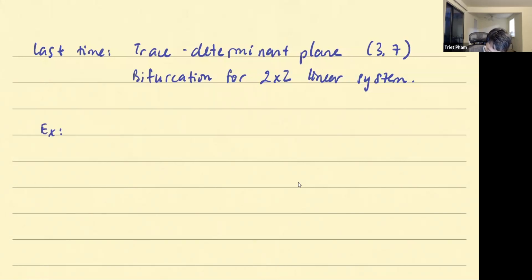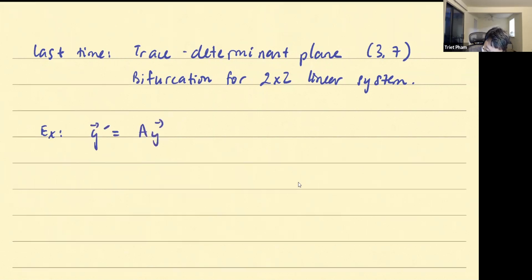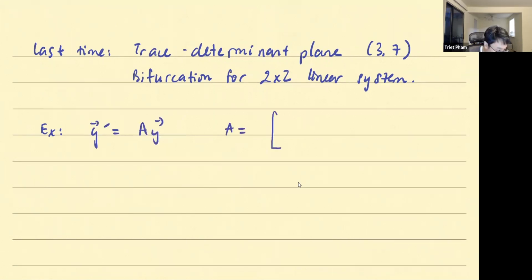y prime equals A times y, where A depends on a parameter, little a.